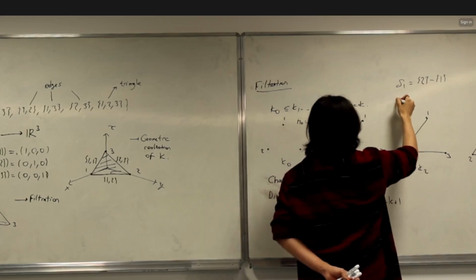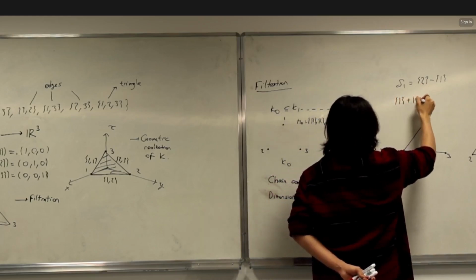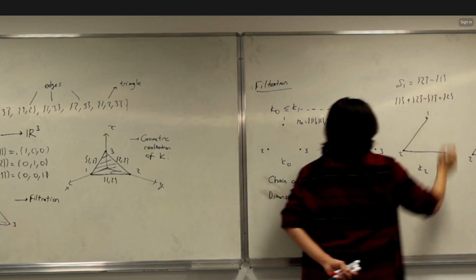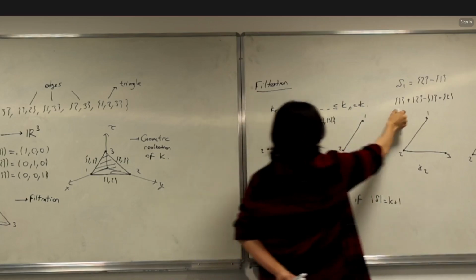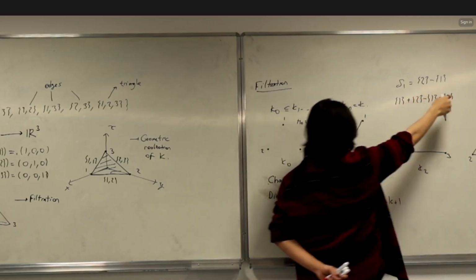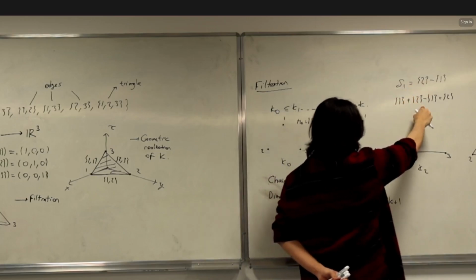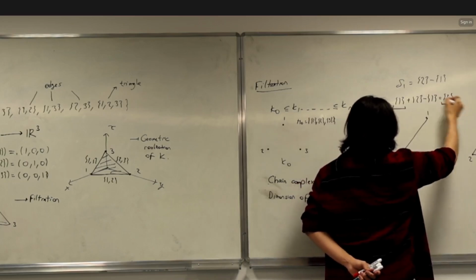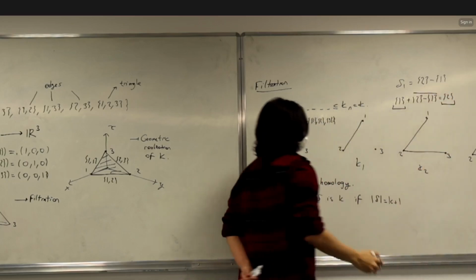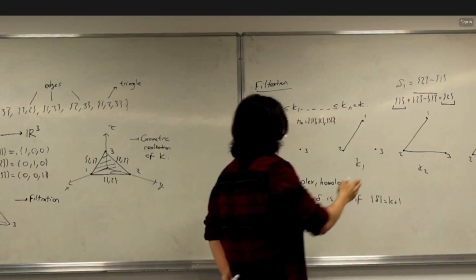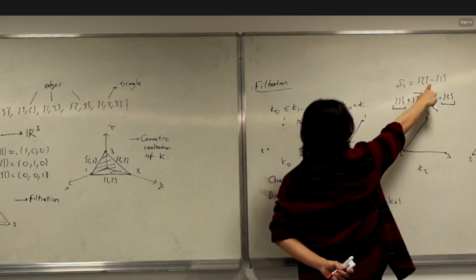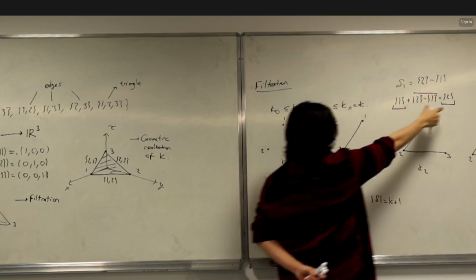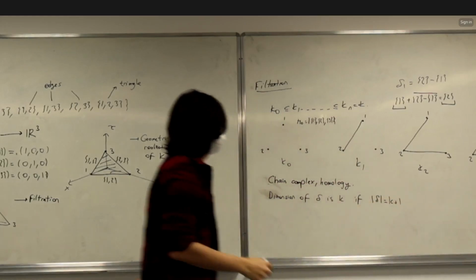Since 1 plus this is 2, we have another element such that they are connected by this element here. So this means that 1 and 2 now have the same homology class.